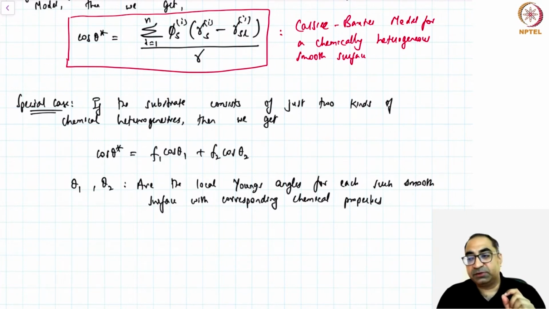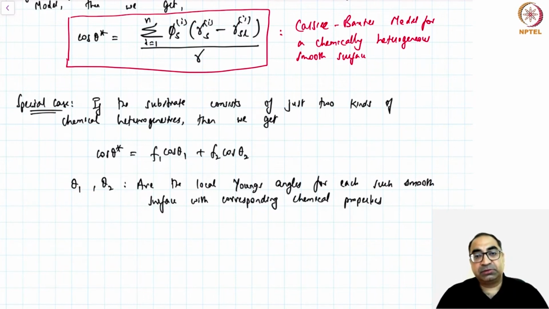So f1 and f2 are basically a shorthand notation for these phi s1 and phi s2. These f1 and f2 are the corresponding regions of the surface with different chemical properties.